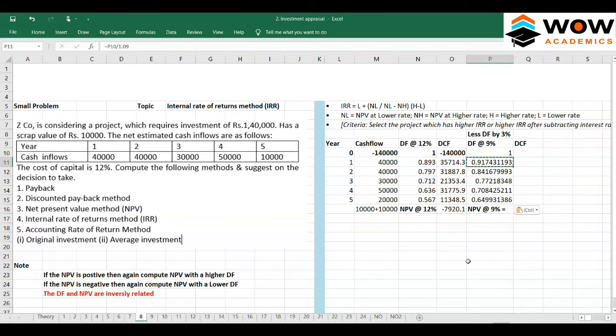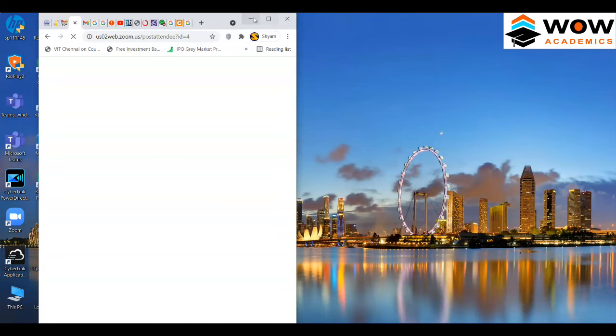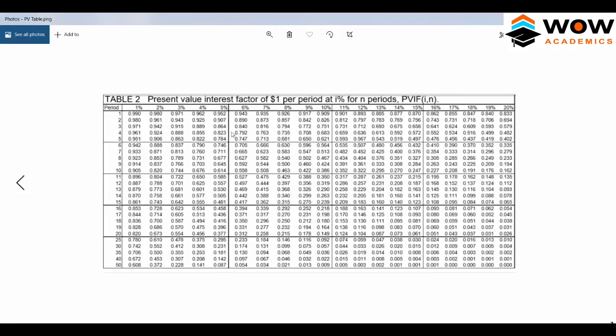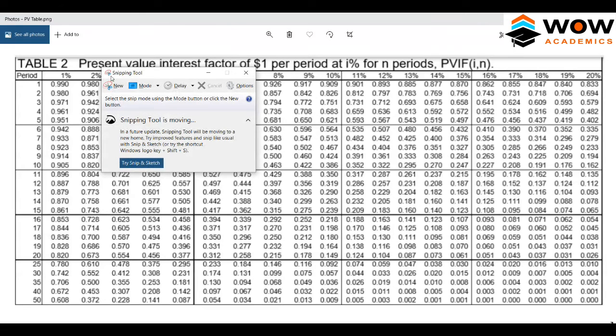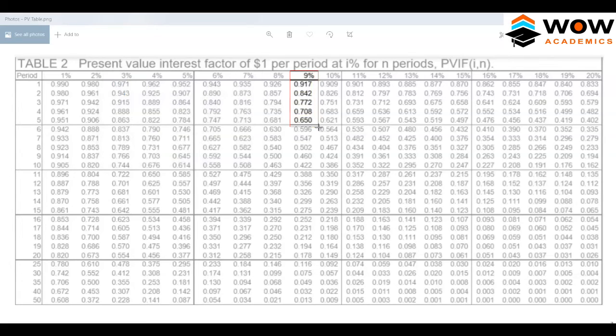We can also look at this through the table. So we'll get the table and we'll get an idea. So in the table, if you look, for the first 5 years at 9% discount factor, these are the numbers.